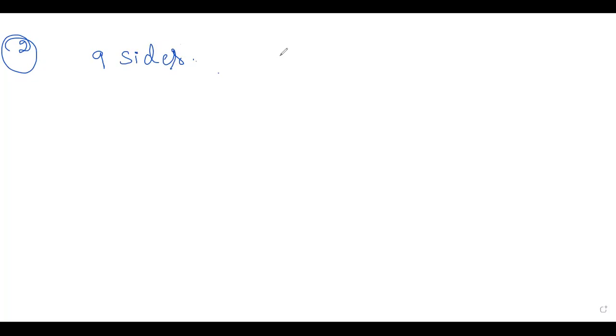You have to find the measure of each exterior angle, is equal to question mark. You know that the sum of exterior angles will be 360 degree, and they are asking each exterior angle of a 9-sided figure. Okay, children.